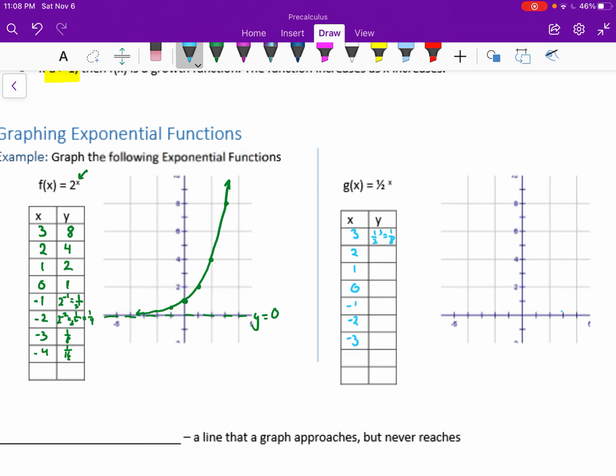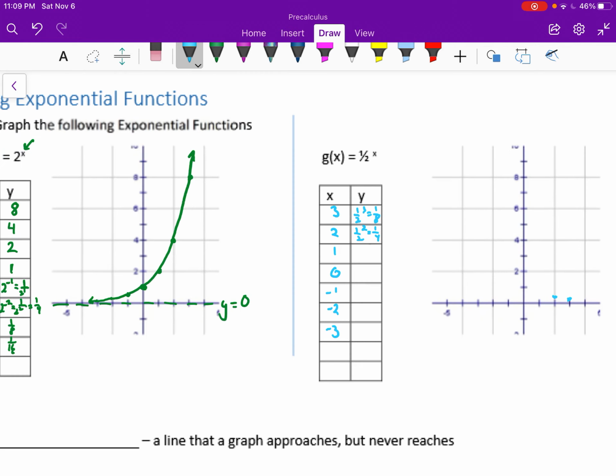Pretty small here. At 2, 1/2 squared is going to be 1/4. So when we're at 2, we're at a quarter. 1/2 to the first is just 1/2. So that's here at 1/2. At 0, anything to the 0 power is 1.